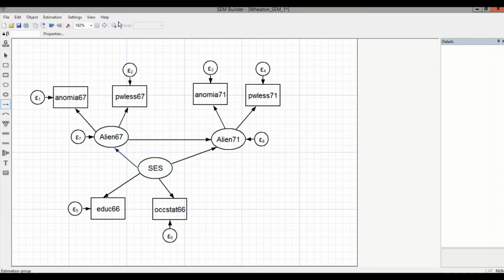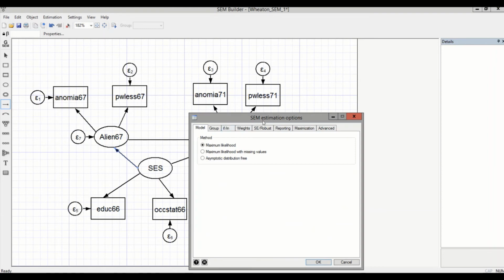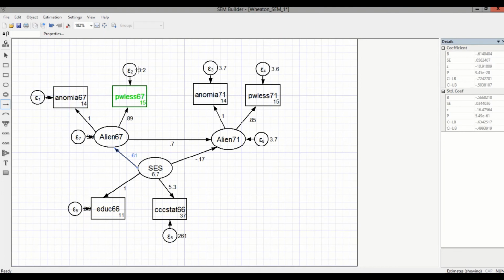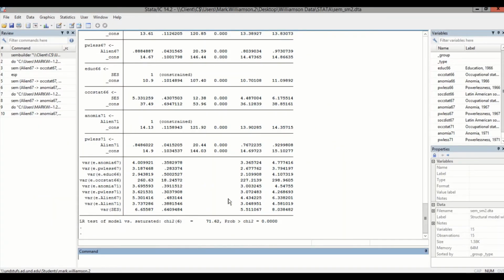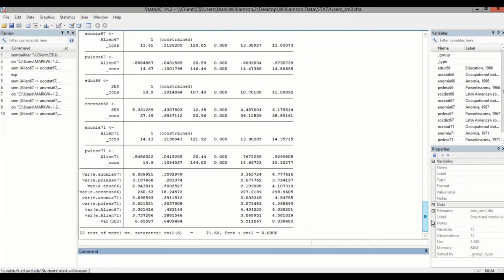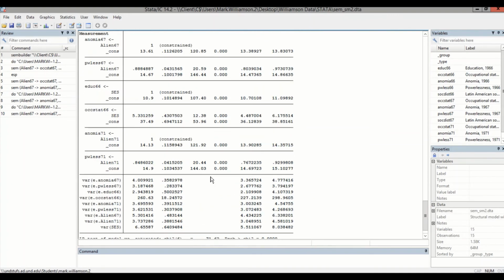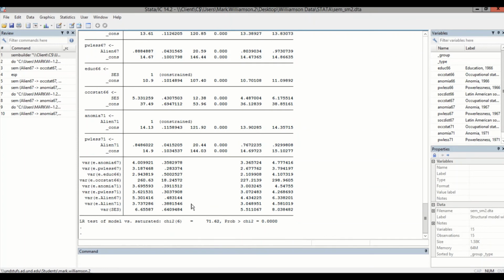To estimate this, we can click here and run the estimate with the default for now. It populates the coefficients here, and back in Stata, this is our output: the coefficients for those regressions, significance, and then the big thing here is we need to check our model fit.